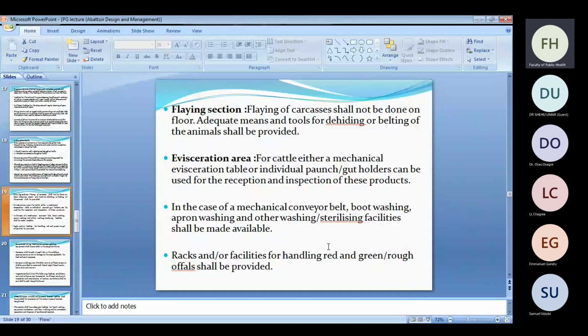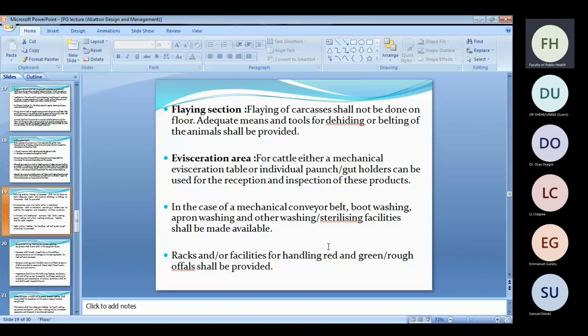In the case of mechanical conveyor belts, boot washing, apron washing, and other washing facilities shall be provided. Racks or facilities for handling red and green offals shall be provided. That is what I was telling you when we were going through some of the items, the red offal and the green offals.